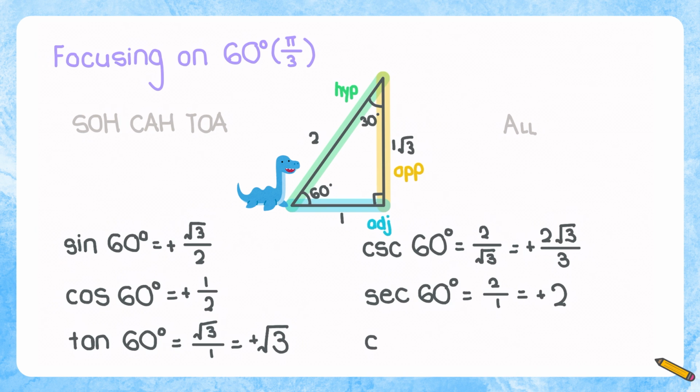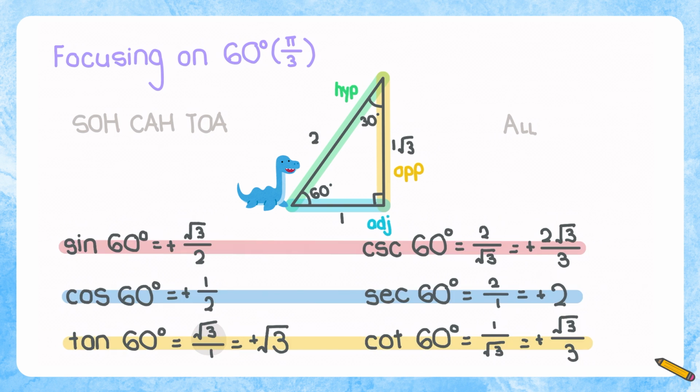And lastly, let's find cotangent of 60 degrees. So let's take the reciprocal of this. We have 1 over radical 3. And if we rationalize the denominator, that becomes radical 3 over 3, and once again, positive. So here, all of our trig values are positive because we're still in quadrant 1. But for the upcoming examples, you'll notice that some of the trig values will be negative.